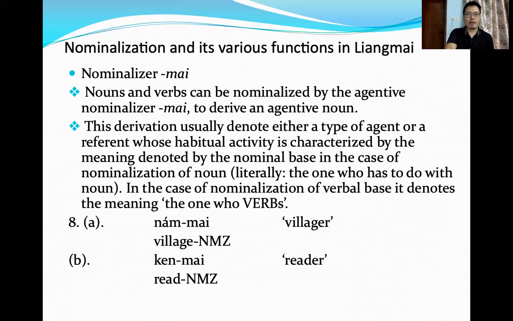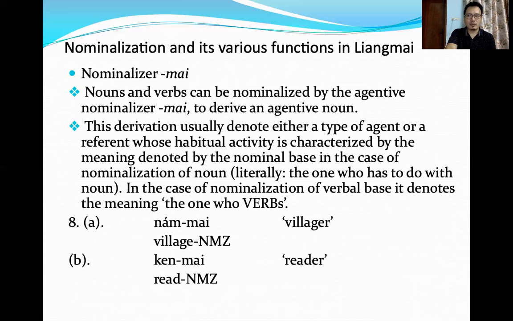Nominalizer mi. Nouns and verbs can be nominalized by the agentive nominalizer mi to derive an agentive noun. This derivation usually denotes either a type of agent or a referent whose habitual activity is characterized by the meaning denoted by the nominal base. In the case of nominalization of a noun, it is literally the one who has to do with the noun.